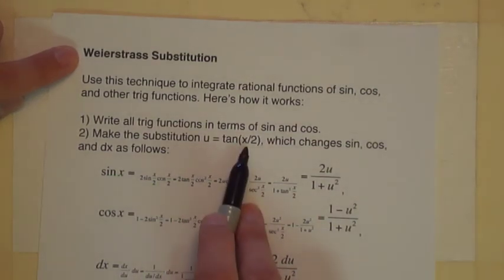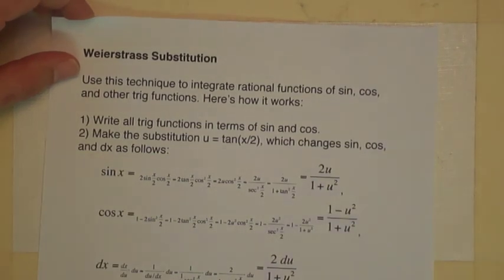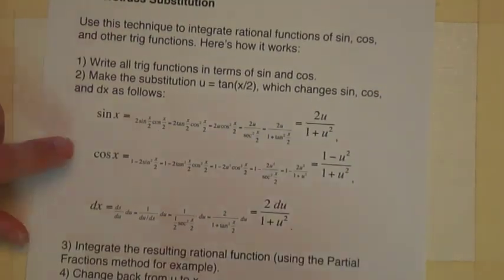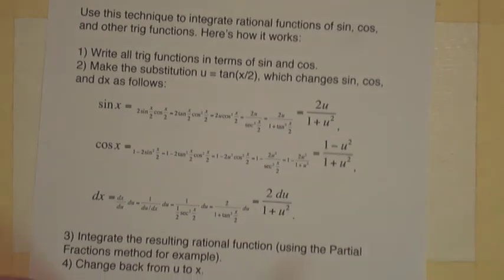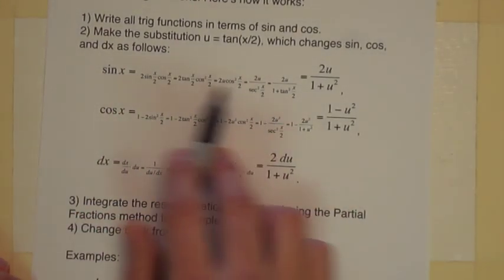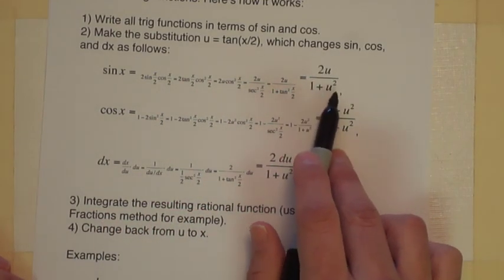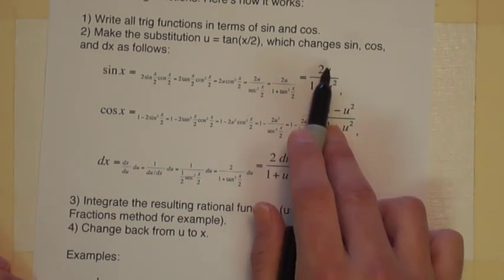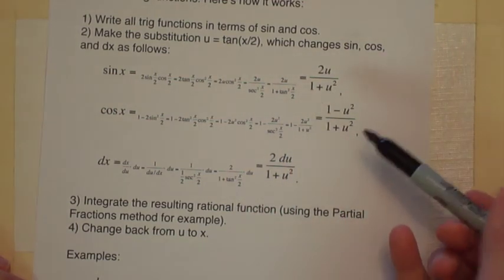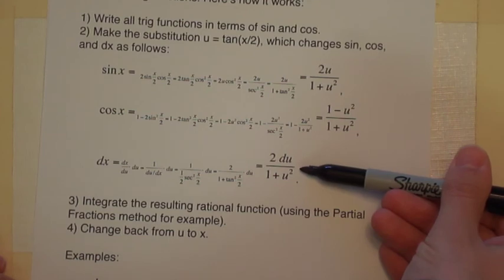But this clever choice changes sine, cosine, and dx in the integral as follows. The sine x, by trigonometric identities and some algebra, eventually becomes 2u divided by 1 plus u squared. So just a rational function of u. The same thing happens to cosine x, and the same thing happens to dx.